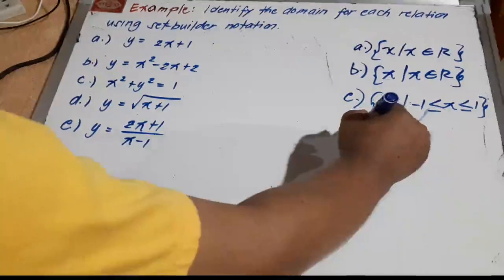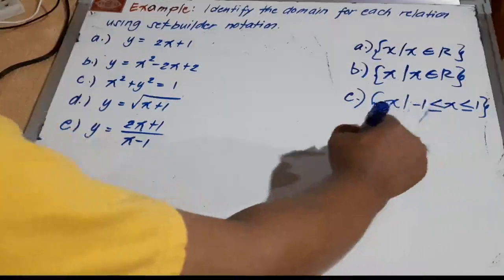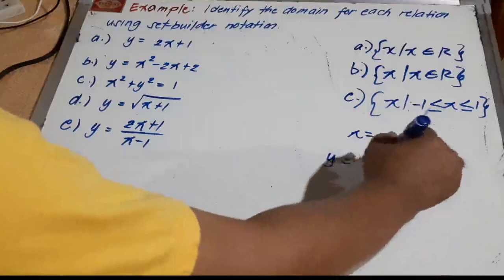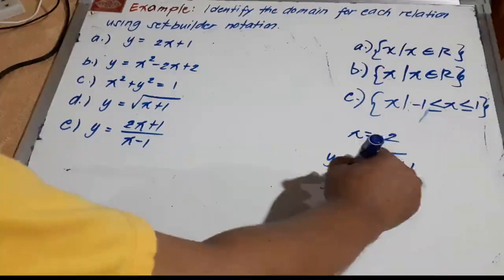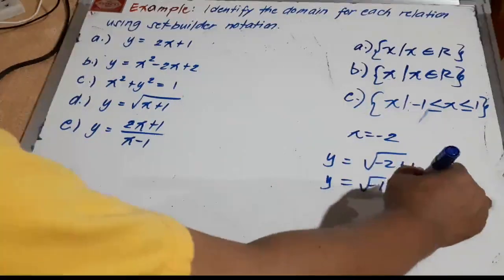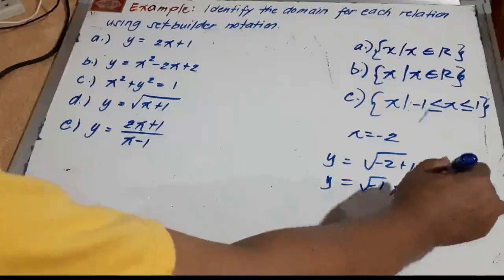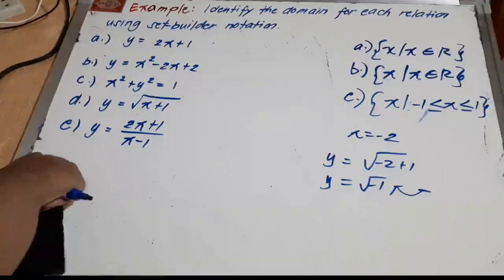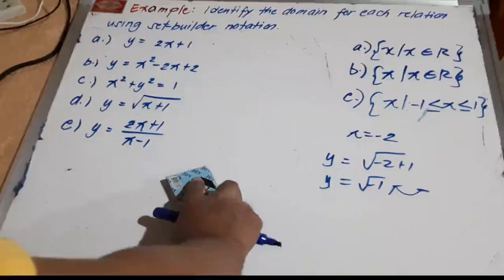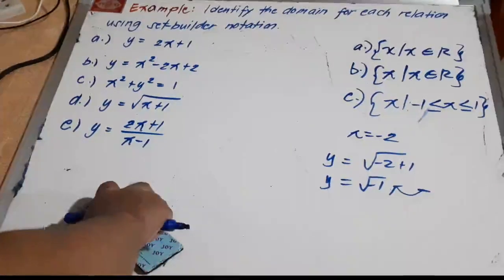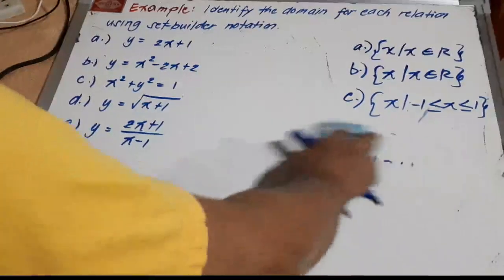Because if x is equal to negative 2, y equals square root of negative 2 plus 1, we have square root of negative 1. This is an imaginary number that is not included in our discussion. We have separate topic for that, but we're referring to a real number only. So, hindi pwede.